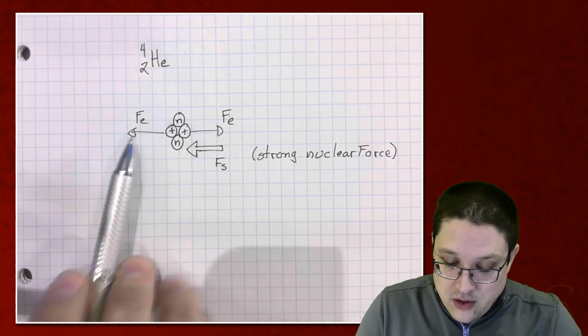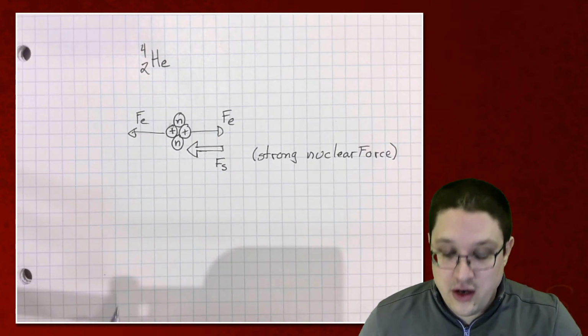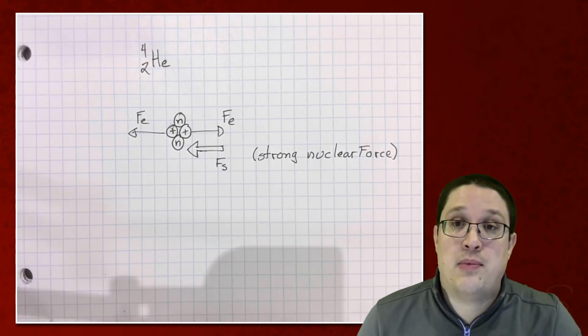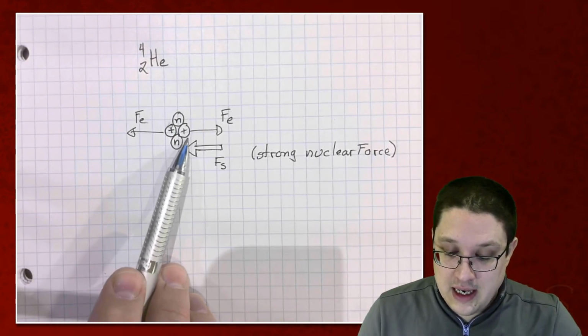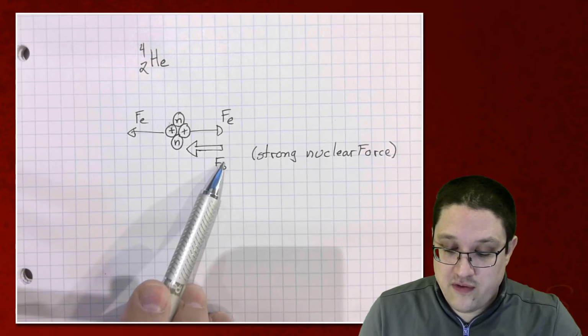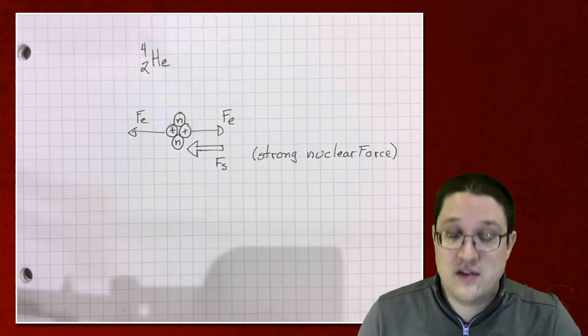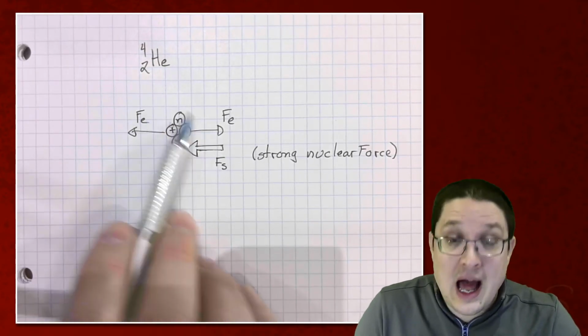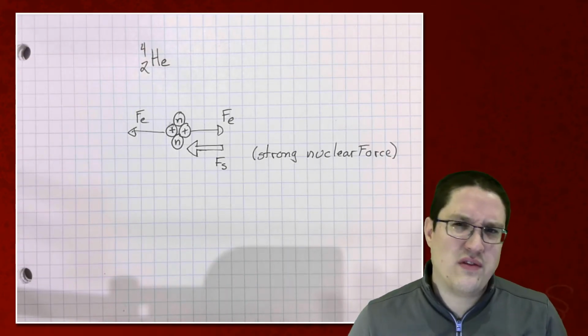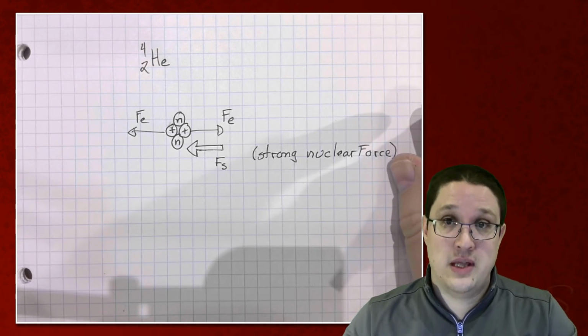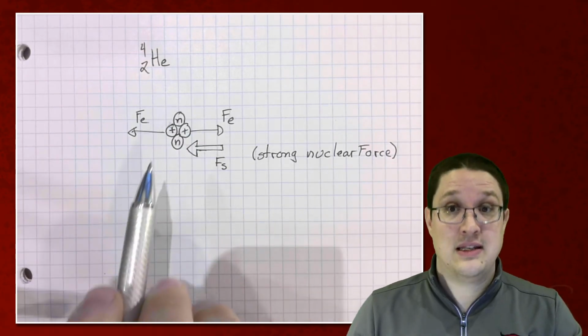And the electrostatic force of repulsion is not enough to push these apart. So for a small atom like helium here, this strong force is much stronger than the force of electrostatic repulsion. So this atom here sticks together. This strong nuclear force is sort of like the glue that holds this element, this nucleus, together.